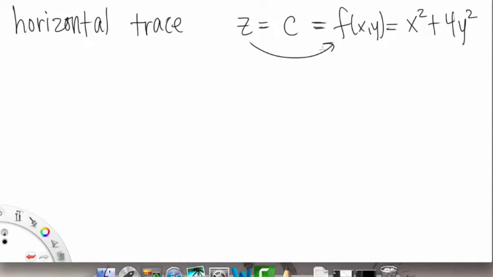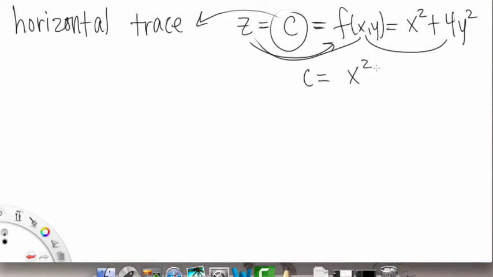The important part here is that c is equal to x squared plus 4y squared. So we have some constant number equal to an x squared plus a y squared.